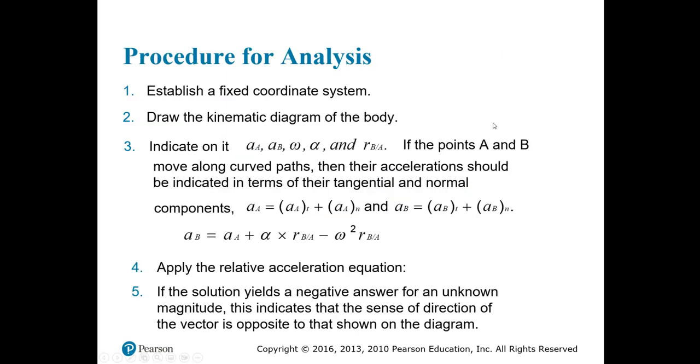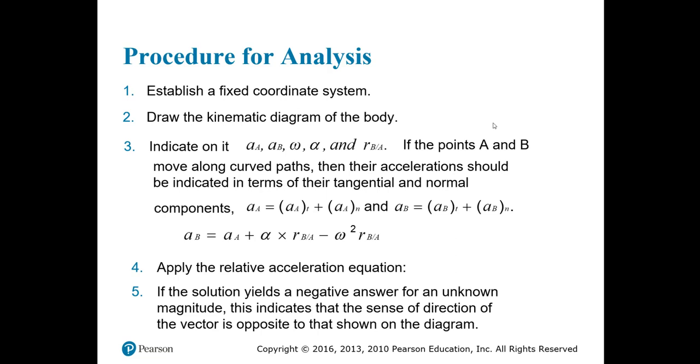If we have to establish a procedure for analysis, it's very similar to what we had before. We need to establish a fixed coordinate system, then we need to draw the kinematic diagram of the body, then we have to indicate absolute accelerations, then omega, alpha, and obviously the position vector of B with respect to A. If the points A and B move along a curved path, then their acceleration should be indicated in terms of the tangential and normal components, as we said.